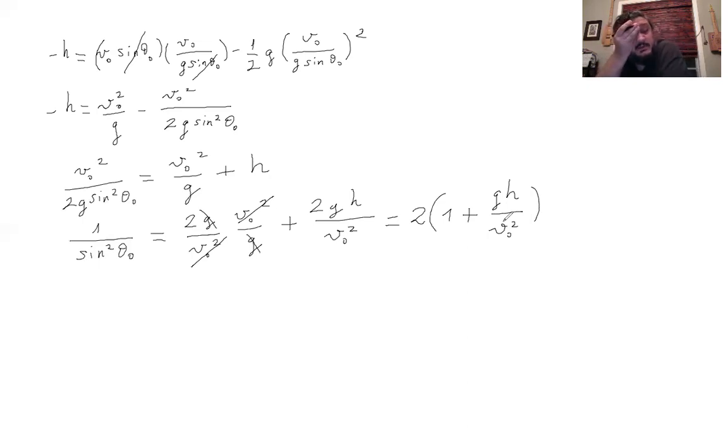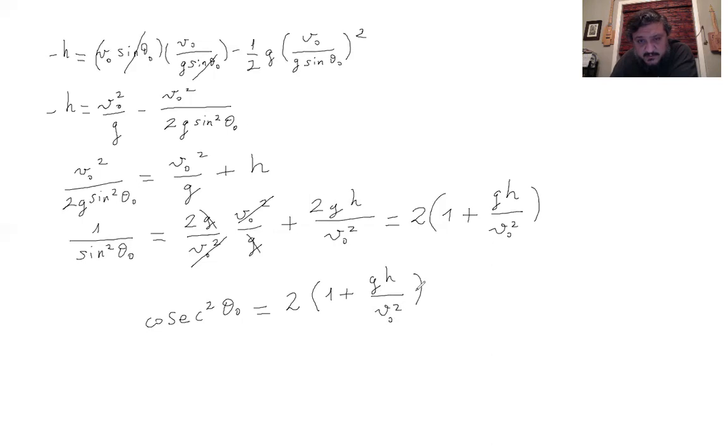That's the relation between the theta naught that maximizes r and the initial parameters h and v naught squared. Okay, so you may also find this in the form cosecant squared theta naught is equal to 2 times 1 plus gh over v naught squared.